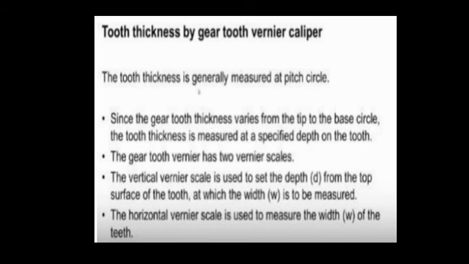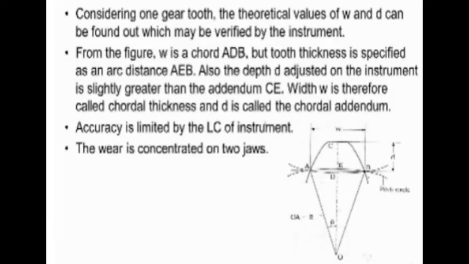The vertical vernier scale is used to set the depth from the top surface of the tooth, that is the top line, at which the width is to be measured. After fixing small d, we can measure the chordal thickness. The horizontal vernier scale is used to measure the width of the teeth.